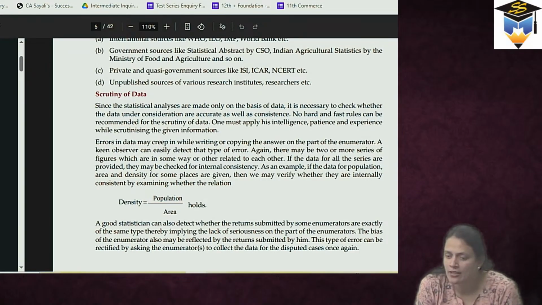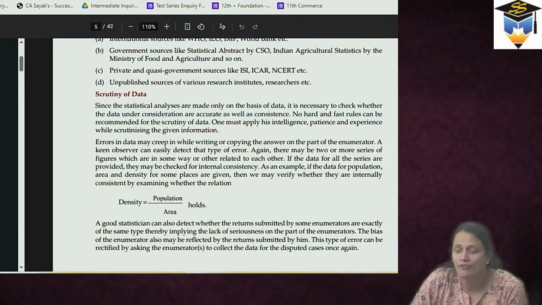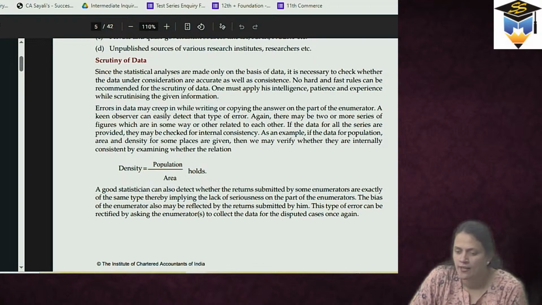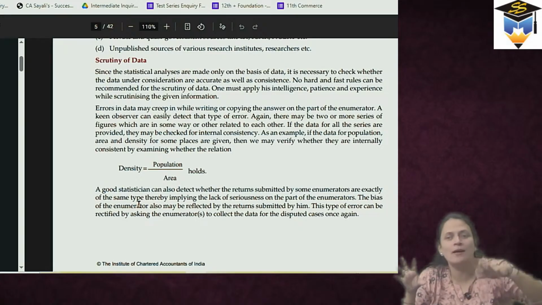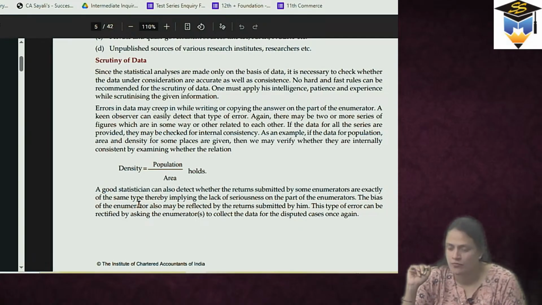Okay. So basically you have to verify whether they are internally consistent data or not. A good statistician can also detect whether the returns submitted by some enumerators are exactly of the same type. If an enumerator is getting the same answers from all the houses, that means there is some problem.